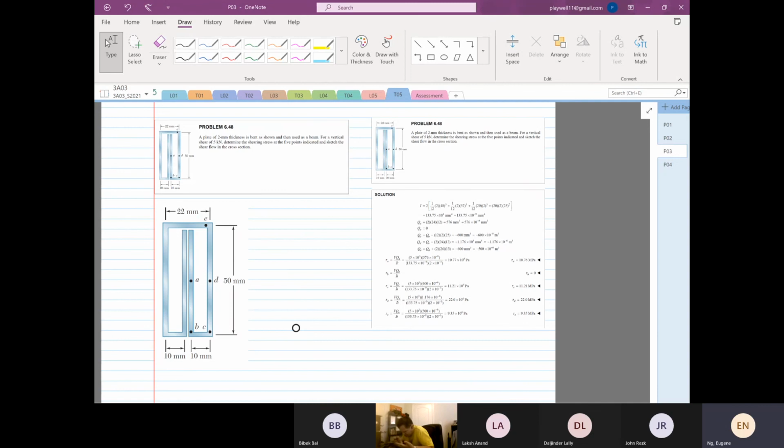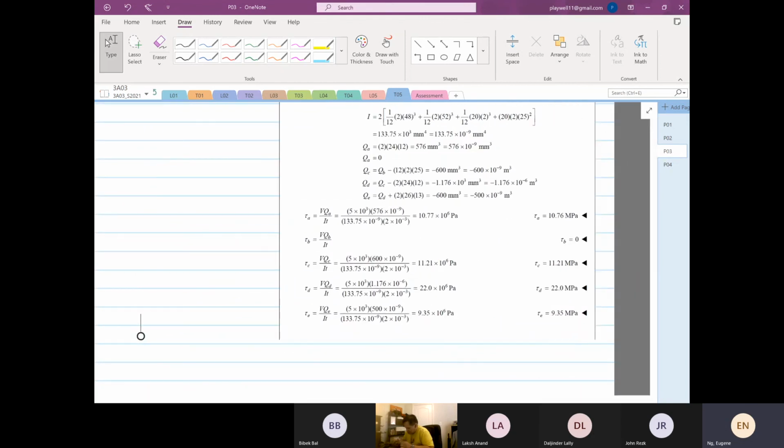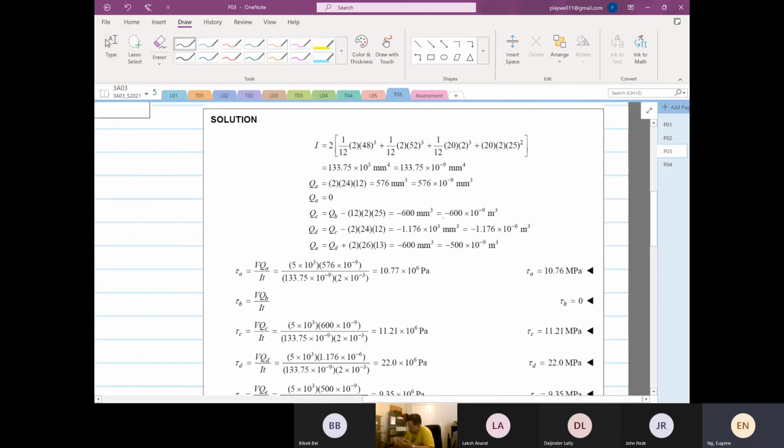how does the shear flow now? Right? We are still going to apply what we've learned. If you look at the solution, it is very confusing. You have minus first moment of area, which I've never taught you before.